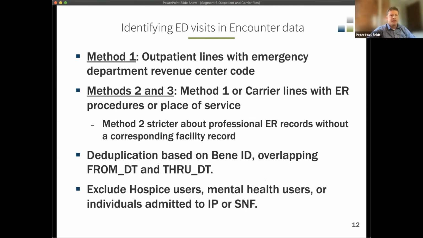Like you'd expect, if a service was provided in an emergency department, then that indicates an ED visit. In our methods 2 and 3, we also considered carrier lines where either a procedure was provided that is only provided in an emergency department, or an emergency department place of service was listed.